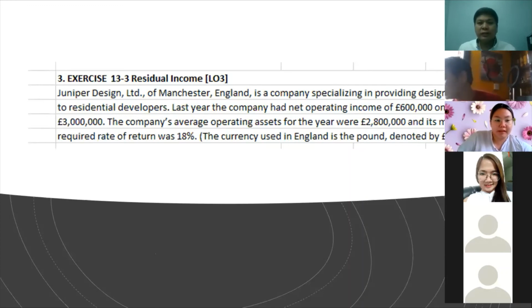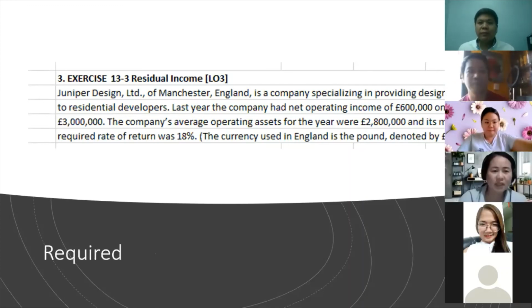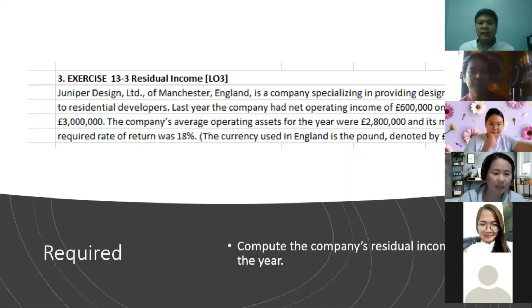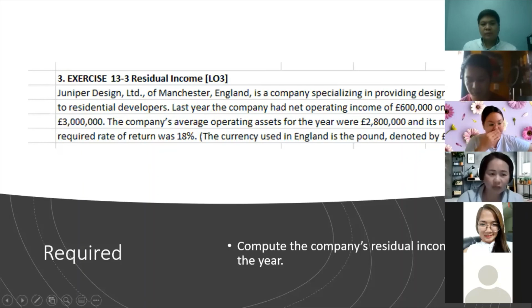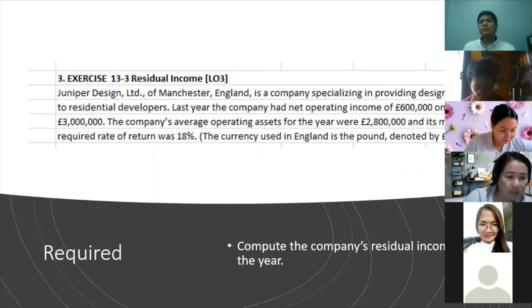Okay. For exercise number 3, residual income. Jupiter Design Ltd, or Limited Company of Manchester, England, is a company specializing in providing design services to residential developers. Last year, the company had an operating income of £600,000 on sales of 3 million pounds.